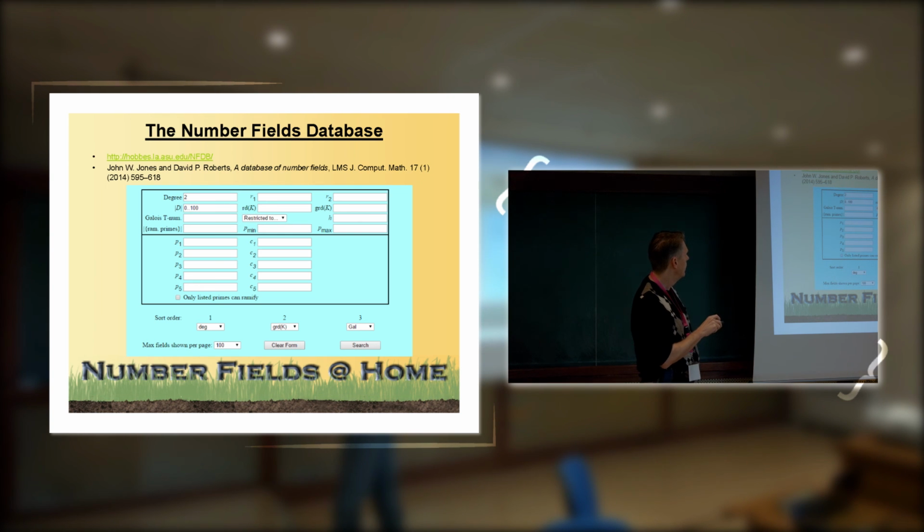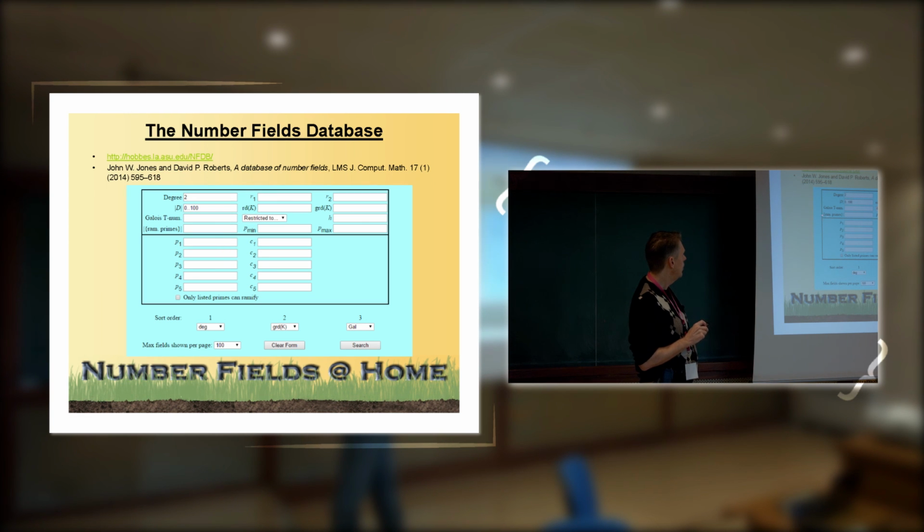When you search the database, you can put in the degree of the field you're interested in. You can put in signature, R1 and R2. You can give it an absolute discriminant, a root discriminant that you're interested in, a Galois root discriminant.